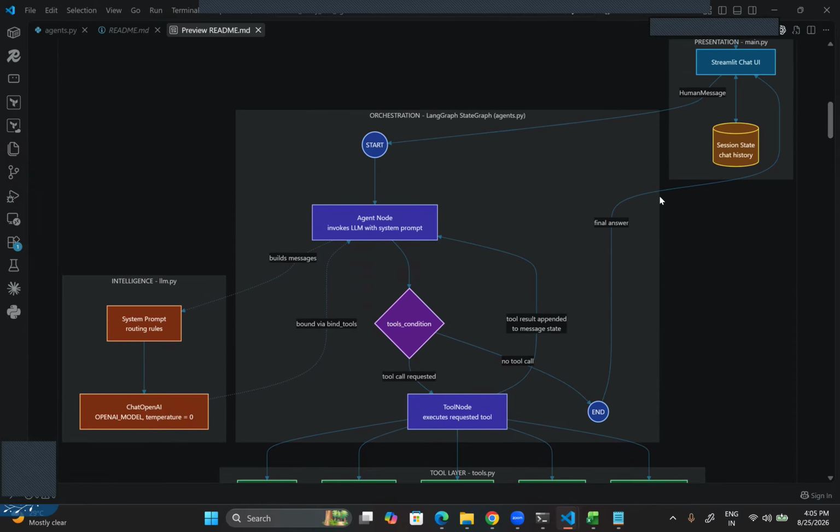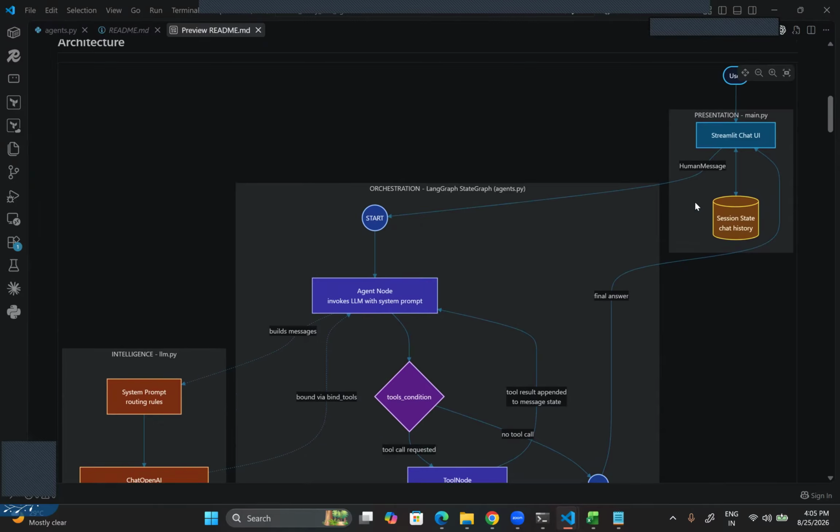Now what happens over here, the user types into a Streamlit chat box. That becomes a human message, sent into the graph at start, which invokes the LLM with a system prompt.